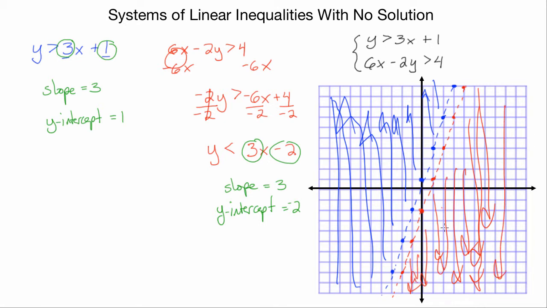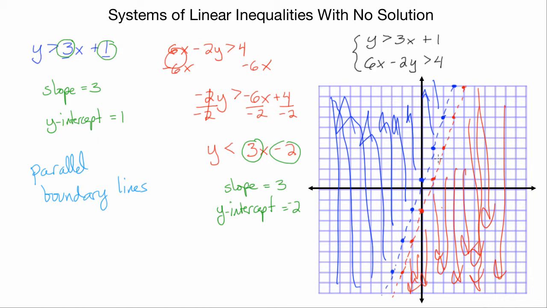All right, well now you can see a problem, right? We have the same slopes, so these are parallel boundary lines. Parallel lines never intersect. The solutions to the blue line, the first inequality, are always above the line, whereas the solutions to the second inequality are always below the line.